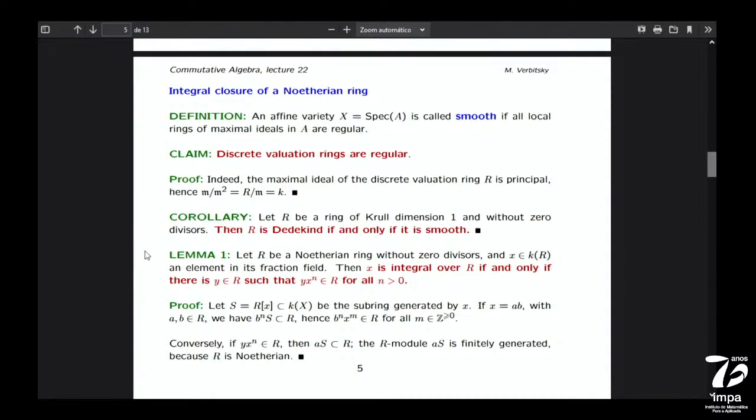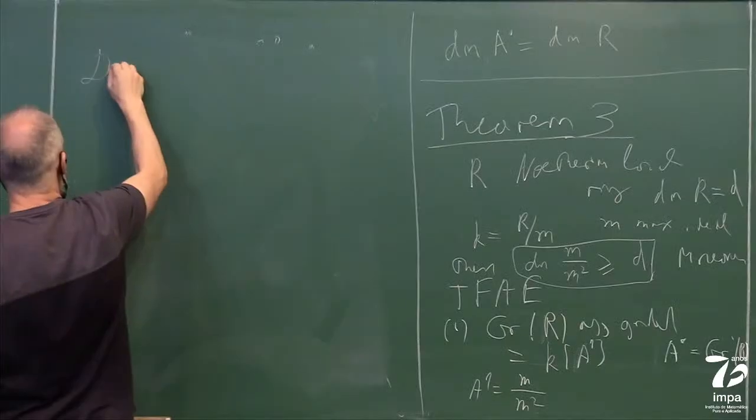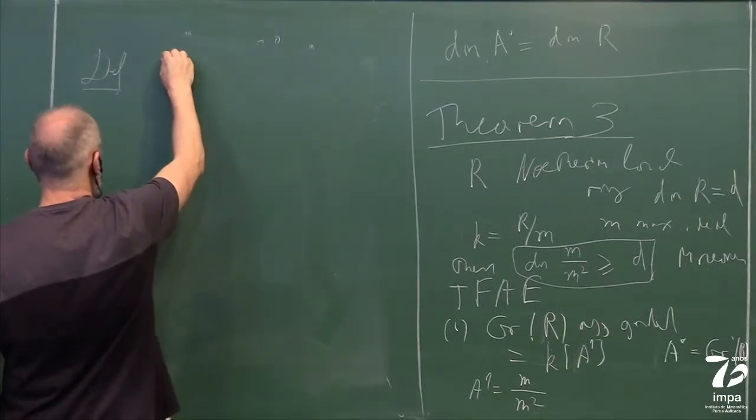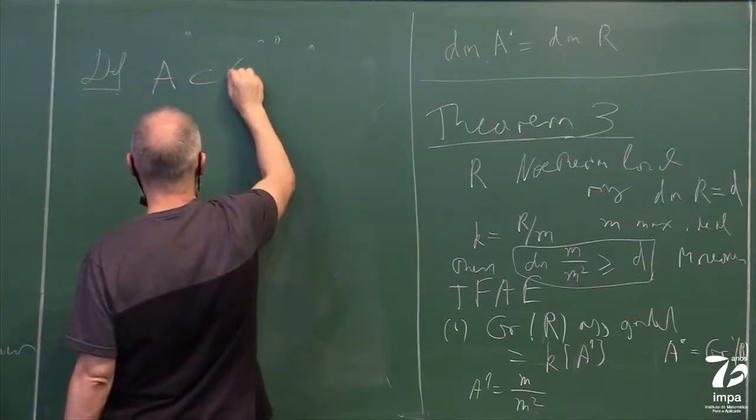Before that, we can also define smoothness now in algebraic language. So definition: you have an affine variety A in Cn.